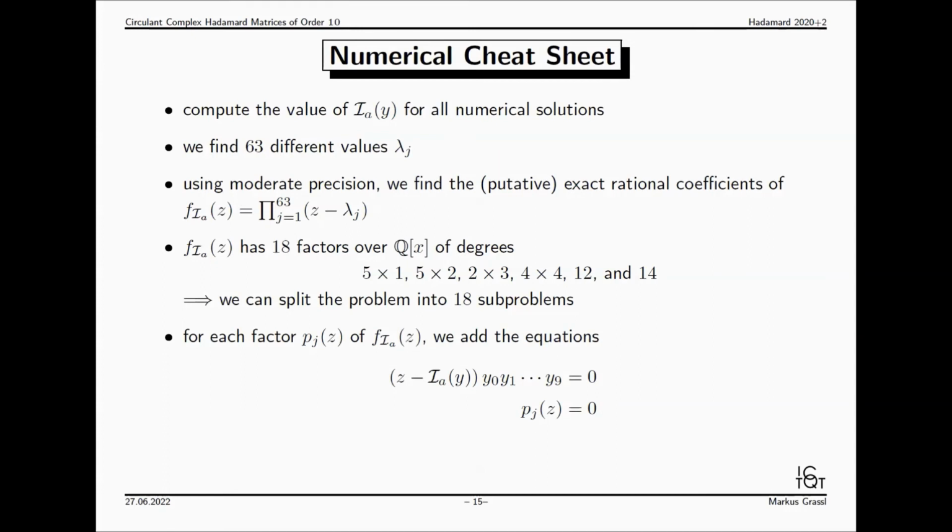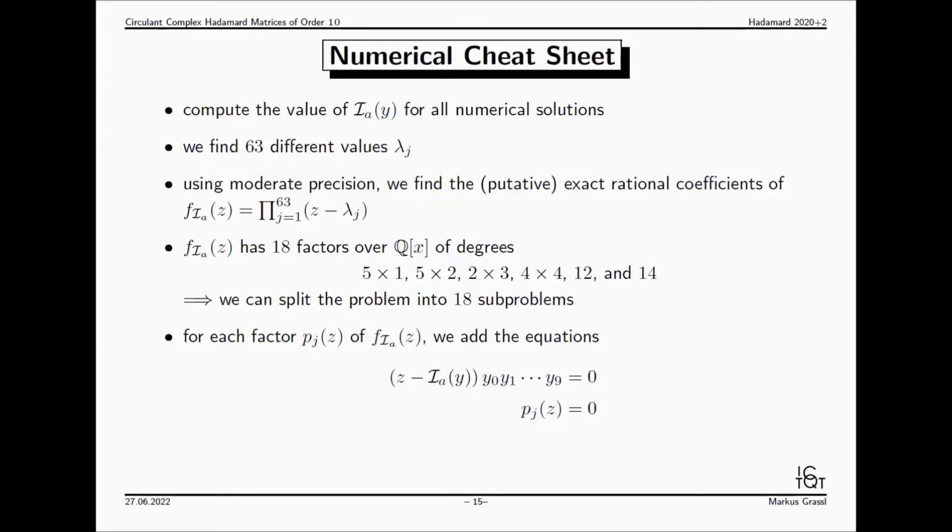We find 63 different values, of course, within some epsilon environment. We multiply all these linear factors together, we get a polynomial, supposedly over the rationals. And if we have our solutions to sufficient precision, then we can just take these floating point numbers as our rational approximations. And it turns out that this polynomial is the very same; I have just verified by direct computer algebra methods that they are equal.